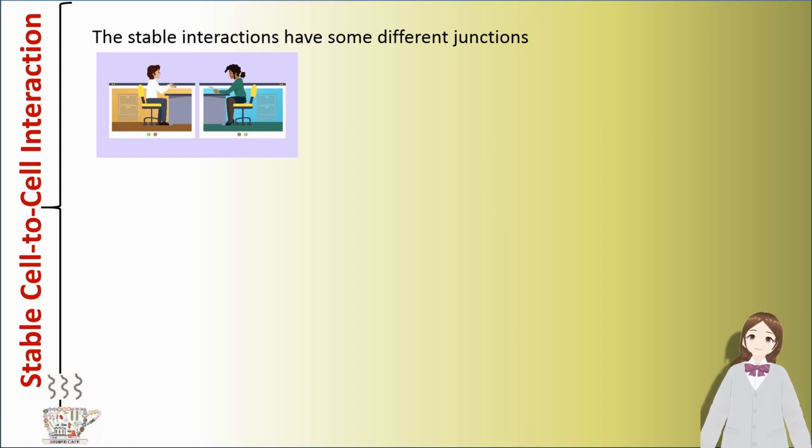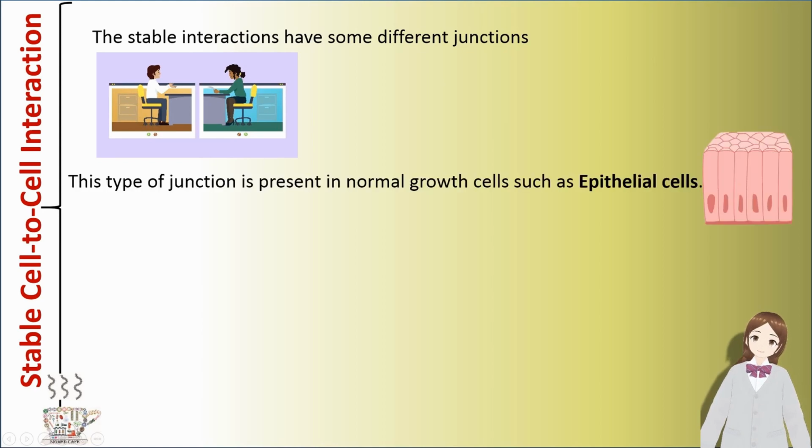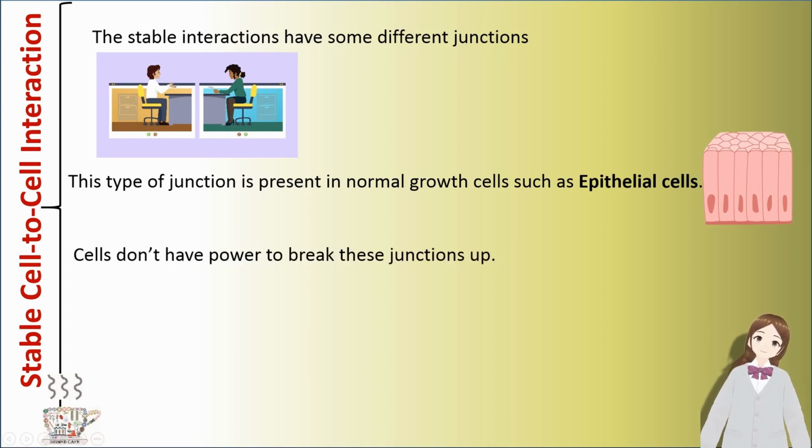Stable cell-to-cell interaction. The stable interactions have some different junctions. This type of junction is present in normal growth cells such as epithelial cells. Cells don't have power to break this junction up. They are always in a stable condition.